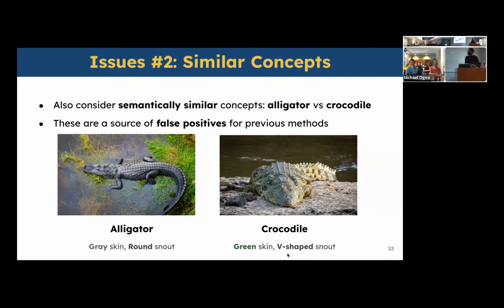I wouldn't blame you if you aren't able to distinguish these two things, and models have similar problems. What we noticed when we worked with just the normal prompting was that there were a lot of false positives for these similar looking classes. Of course, that's understandable, but it's something we seek to minimize.